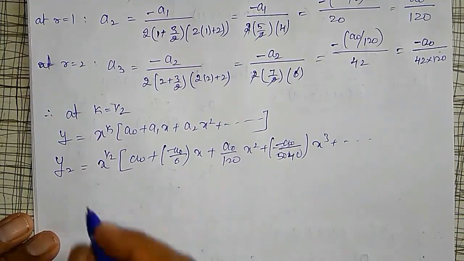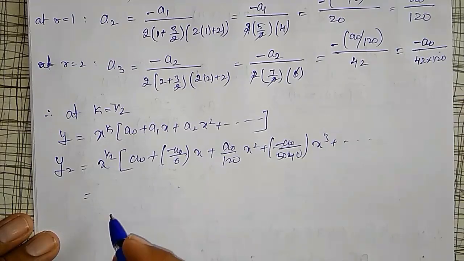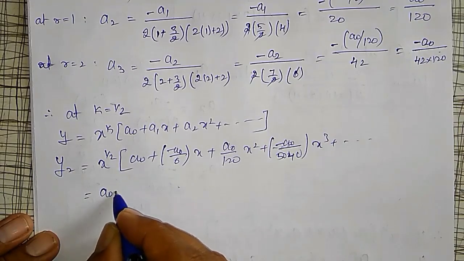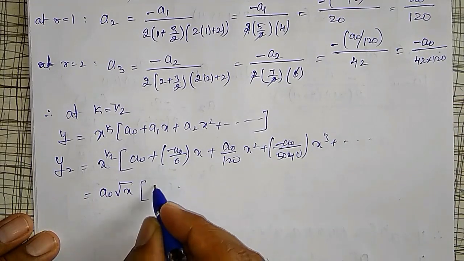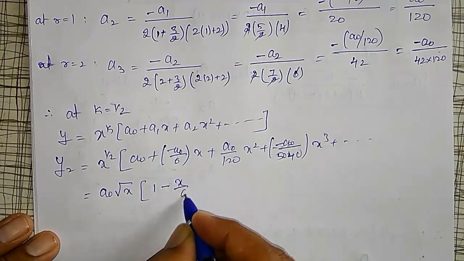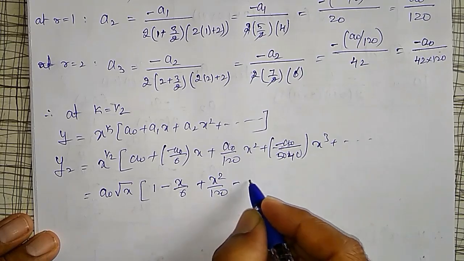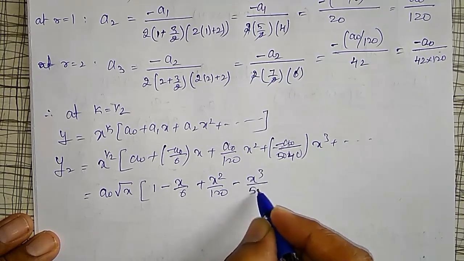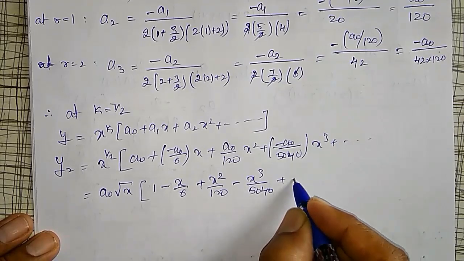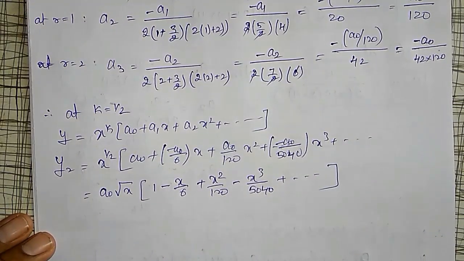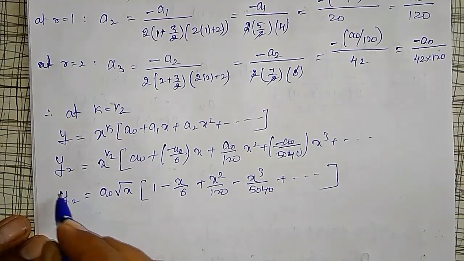Simplifying this, a naught I can take common, that is a naught into root x into 1 minus x by 6 plus x square by 120 minus x cube divided by 5040 plus so on. This is my y2.